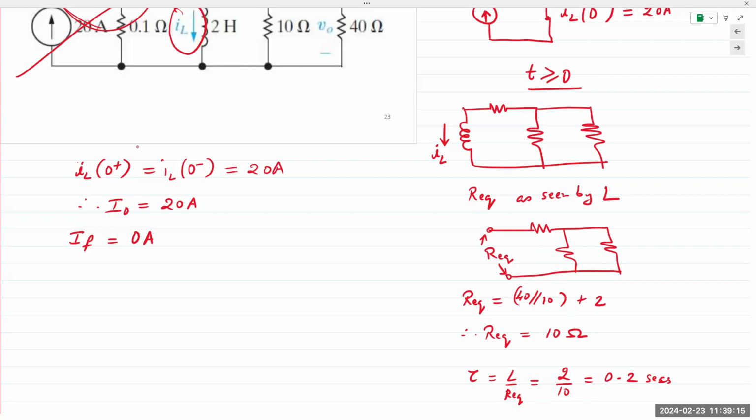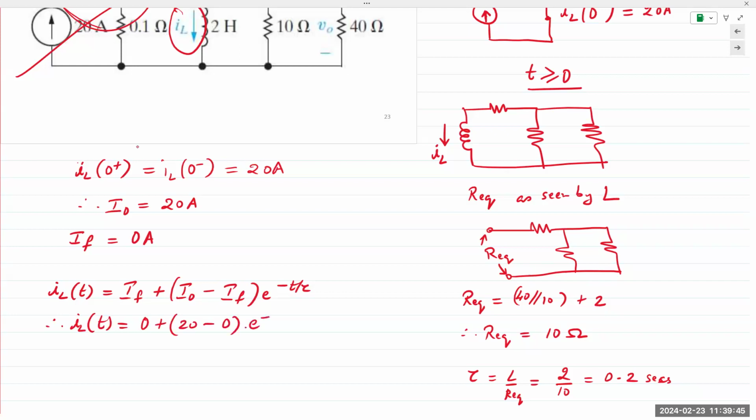All that remains is to plug it into the general expression, which is given by IL of t equals IF plus (I0 minus IF) times e raised to minus t over tau. Plug in the values, you get 0 plus (20 minus 0) times e raised to minus t over 0.2.